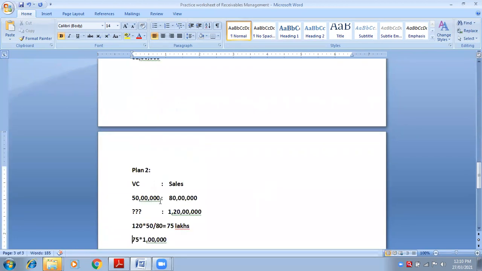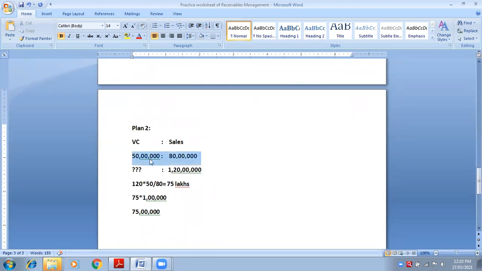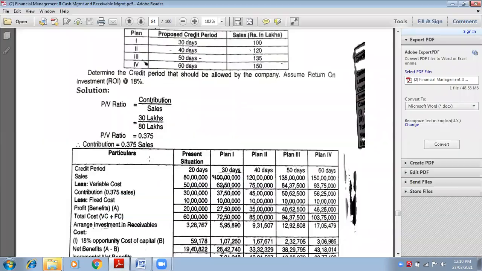Okay. Now for plan 3, 50 lakhs is to 80 lakhs and plan 3 sales is 135, 1 crore 35 lakhs. So how will you cross multiply? After cancellation of 5 zeros, 135 into 50 divided by 80.